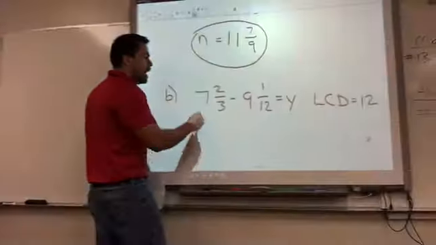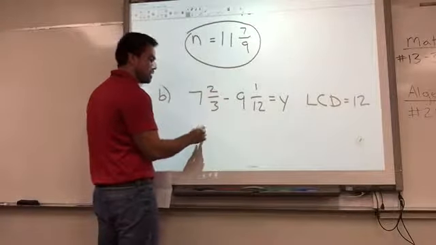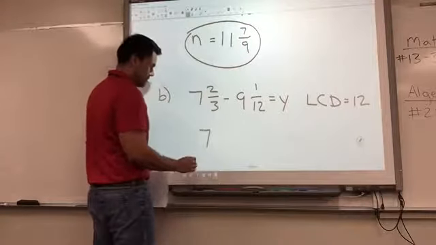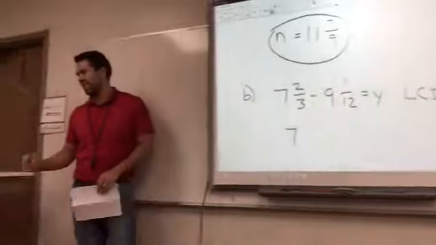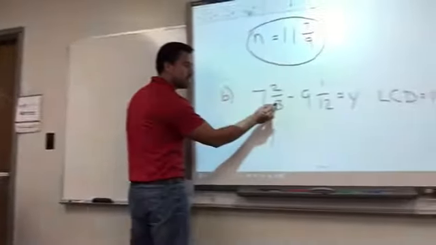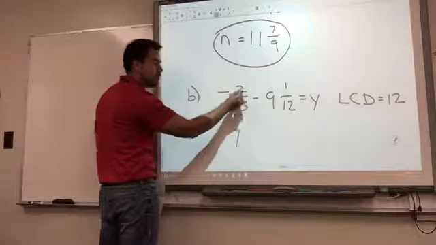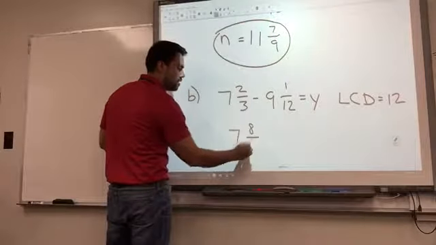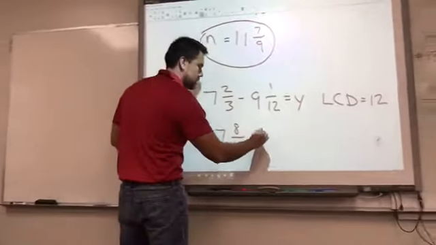So I have to rename the first mixed number into 7 and 8/12. I want to get this into 12, so I multiply this by 4 over 4, giving 8/12. So 7 and 8/12 minus 9 and 1/12.